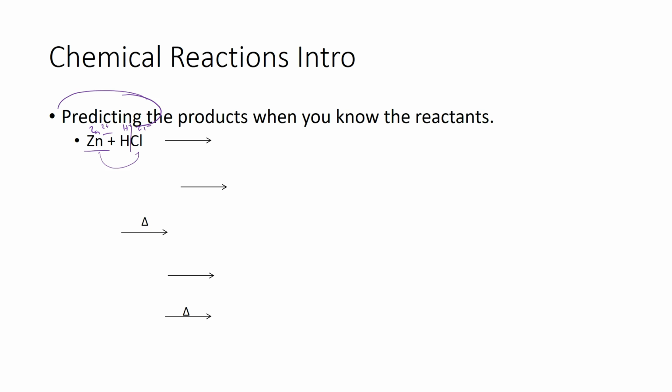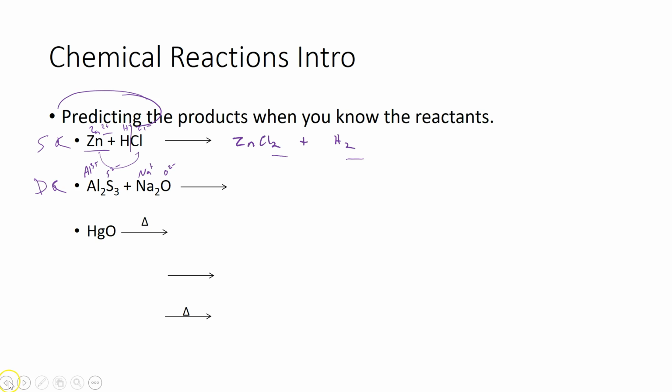So, what I have is aluminum, oops, sorry about that, Al3+, and sulfur, and sodium, and oxygen. So again, the reason I'm writing those charges up there is so I can make a prediction about what might combine with what.